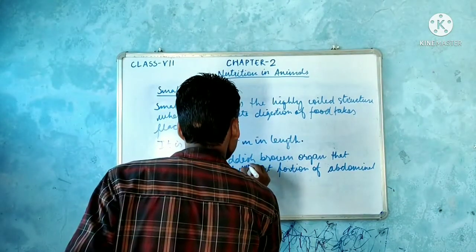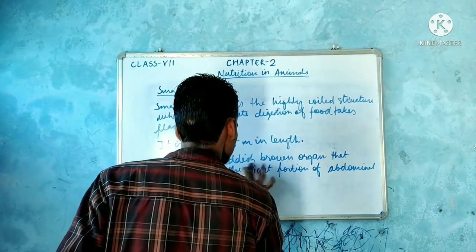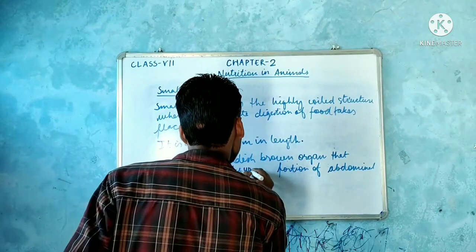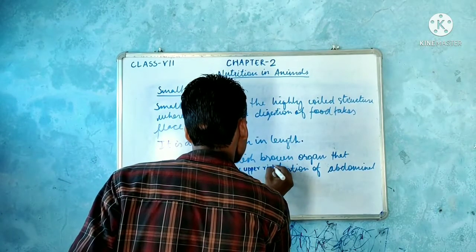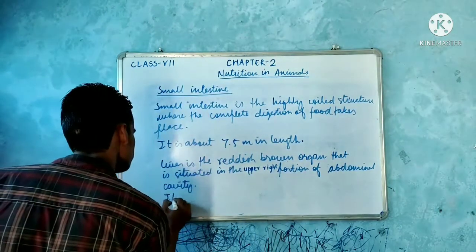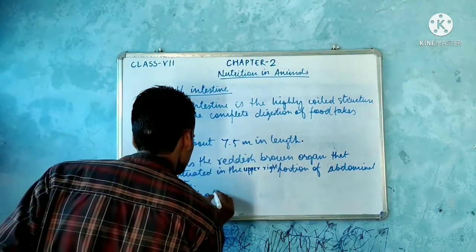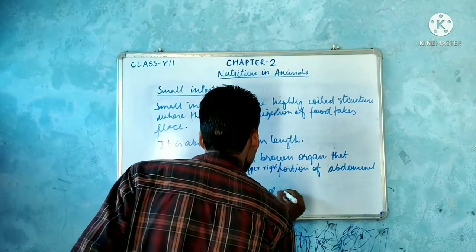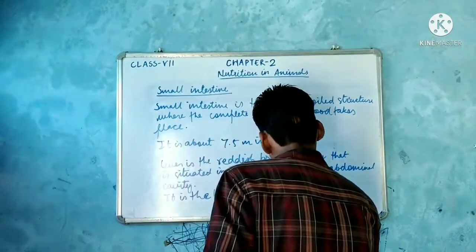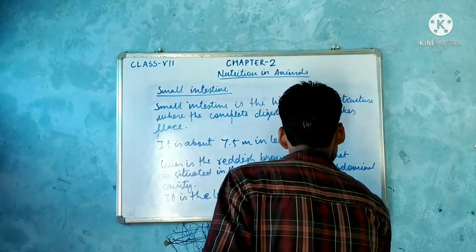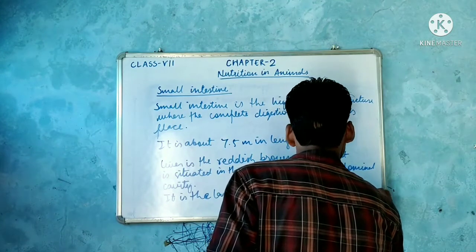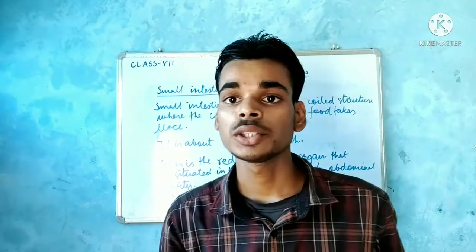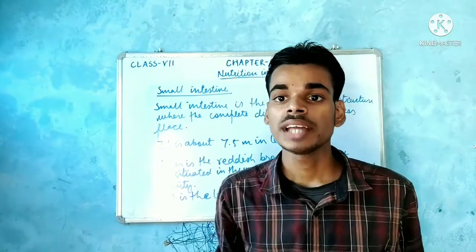Upper right. The liver is the reddish brown sac-like organ that is situated in the upper right portion of the abdominal cavity.